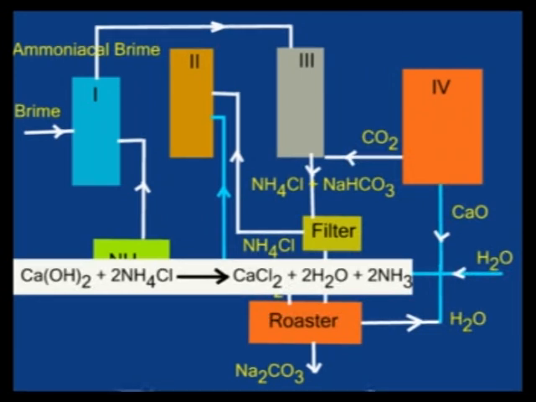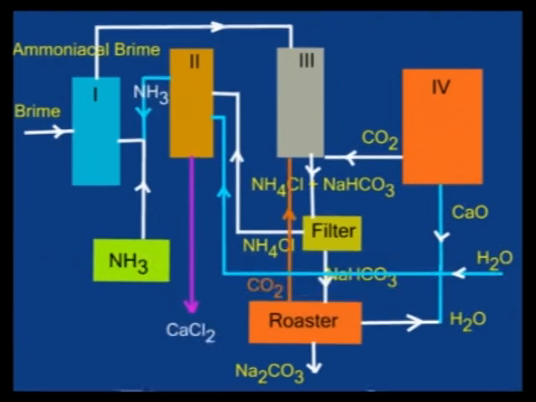Now, a closer look at this process shows an efficient system with minimal wastage and effective pollution control. Carbon 4 oxide and ammonia produced are recycled to minimize cost and eliminate pollution. Water produced is also recycled. The coke burned in the kiln produces the necessary heat needed by the process and hence no large consumption of energy.